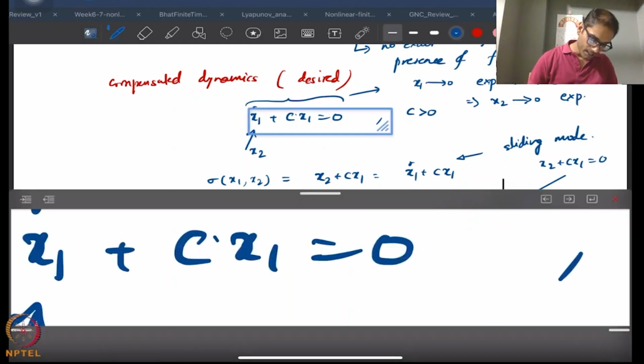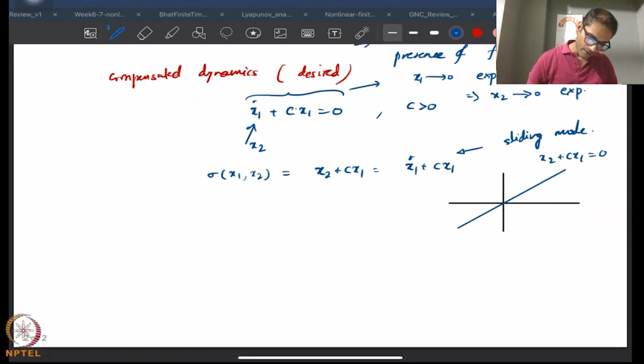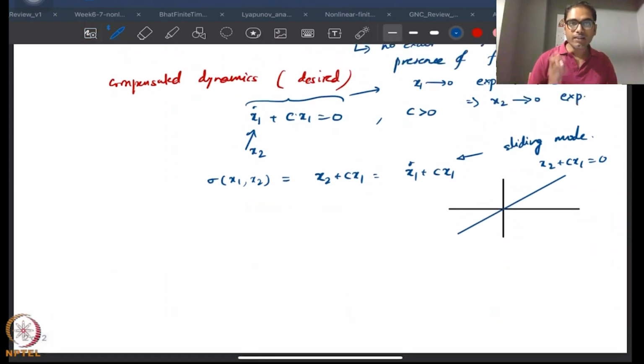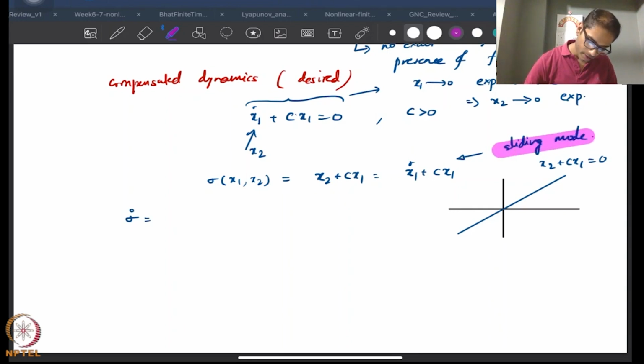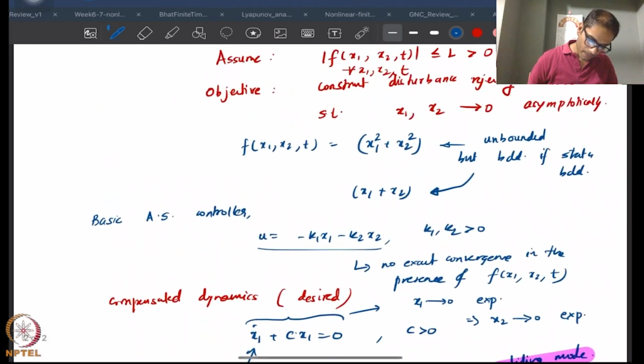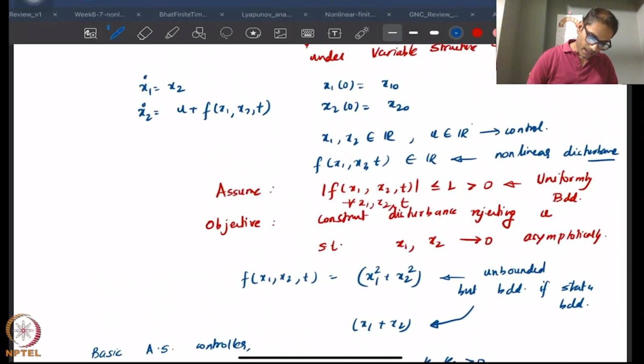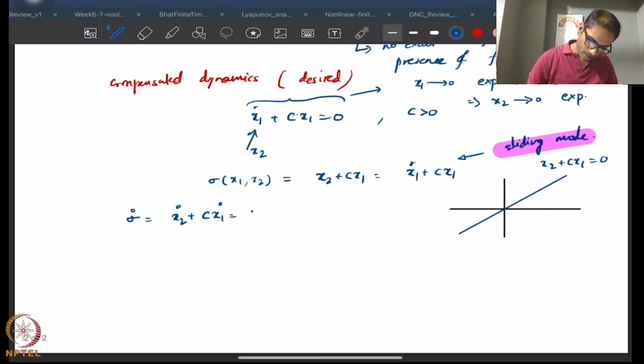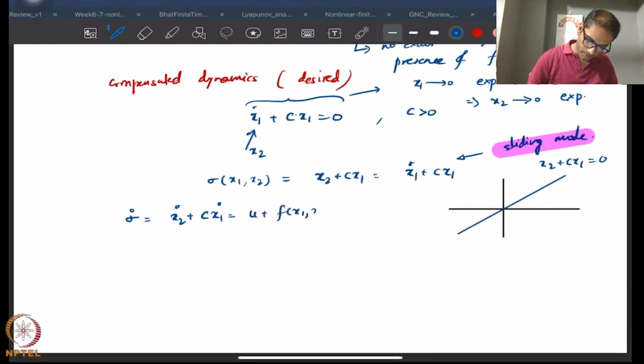So first we actually write the dynamics of the sliding variable, sigma. So what is sigma dot? It is x2 dot plus cx1 dot, and x2 dot from our dynamics is just u plus f(x1, x2, t) plus cx2, because x1 dot is in fact x2.